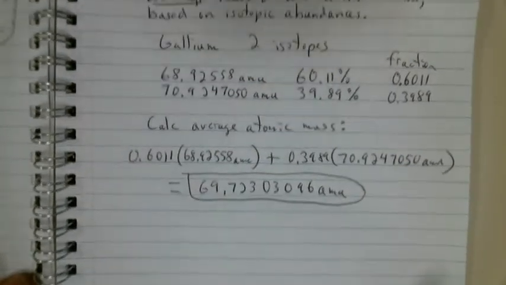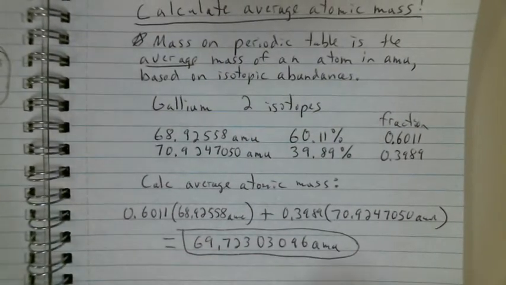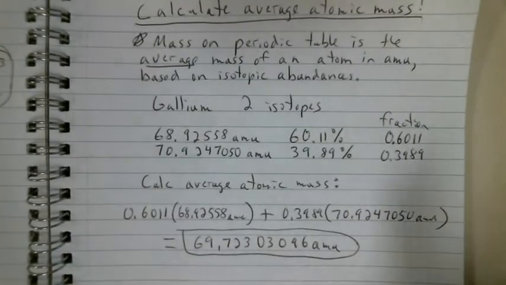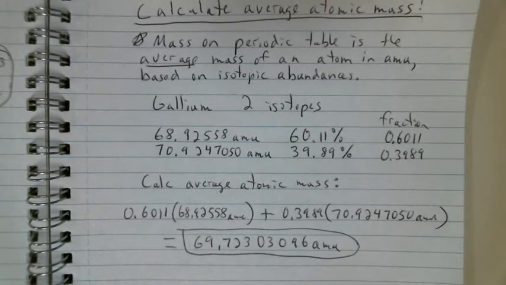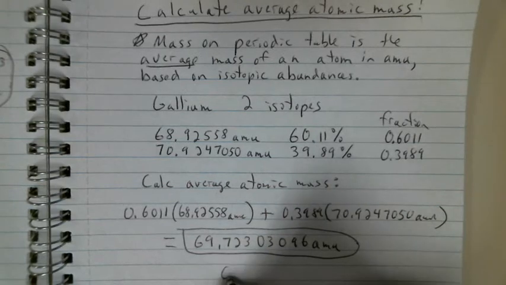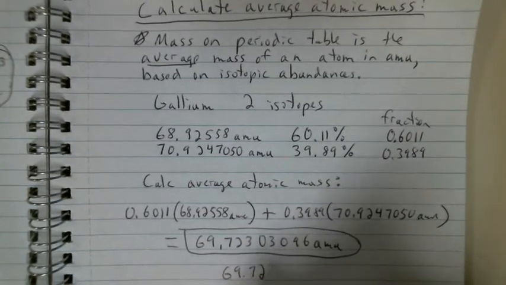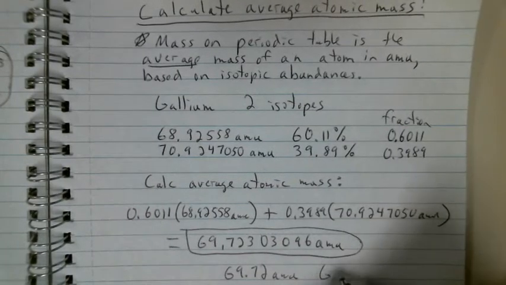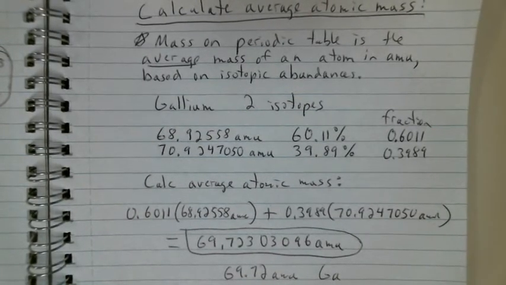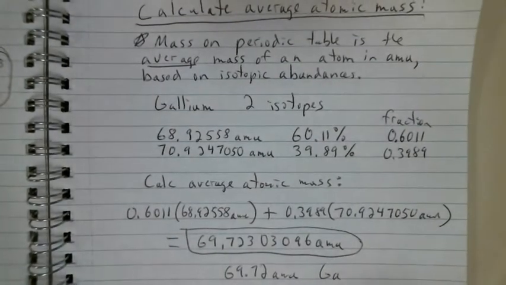And I just want to remind everyone with isotopes what this means. When you look up this mass on the periodic table, so when I look up gallium on the periodic table, mine just says 69.72 AMU for gallium, and that's in the front of our Zumdahl book.